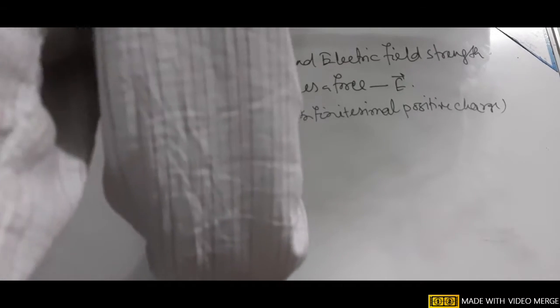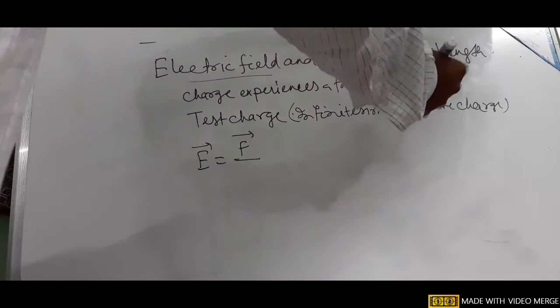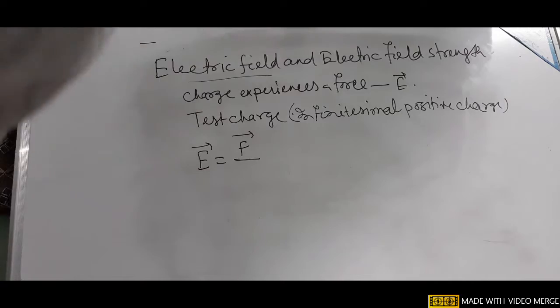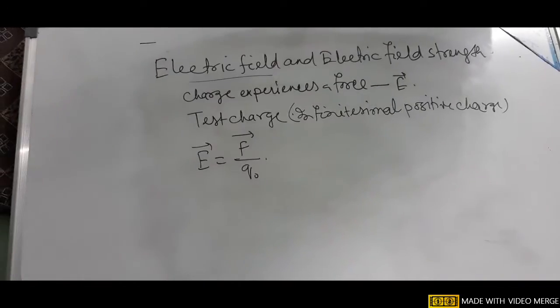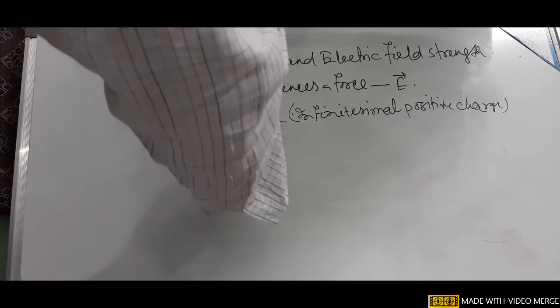So the electric field strength at a point, E, is equal to the force experienced by the infinitesimal positive charge divided by the charge. The electric field strength at a point is a vector quantity, whose magnitude is the same as the force per unit charge and whose direction is the direction of the force.